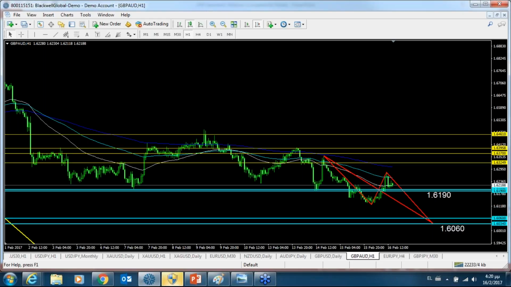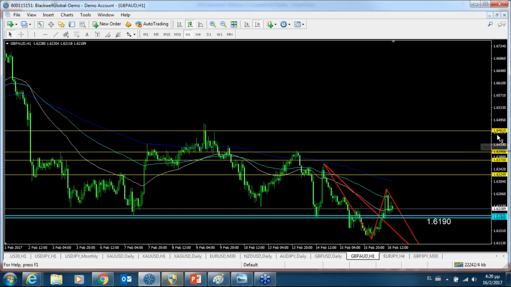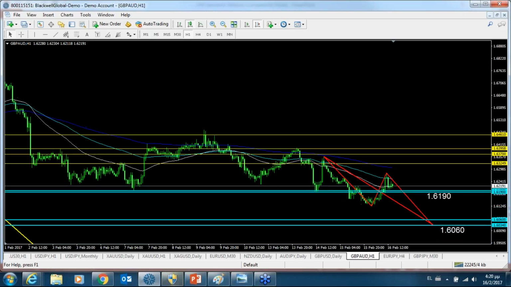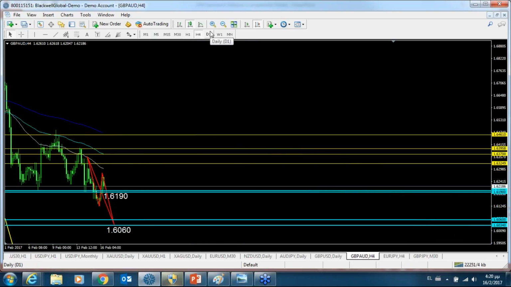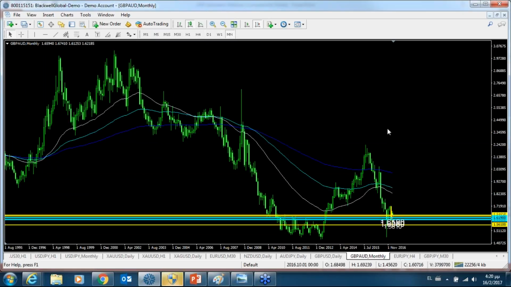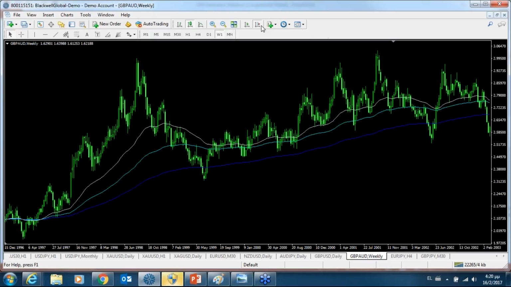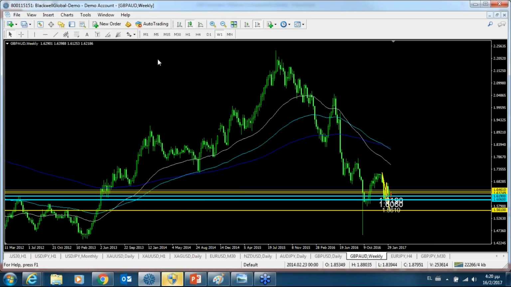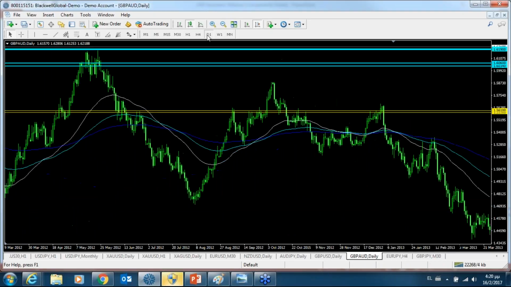That seems to me like quite a nice sort of potential trade there on the GBP USD, sorry, GBP AUD. But let's just look into what's going on the longer time frame as well. Now, I see lots of bears dominating this pair here, GBP AUD, on the monthly. On the weekly, I can also see the same thing with prices way down under all three lines.